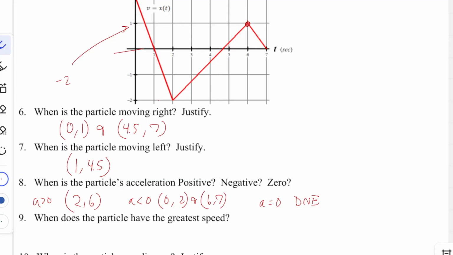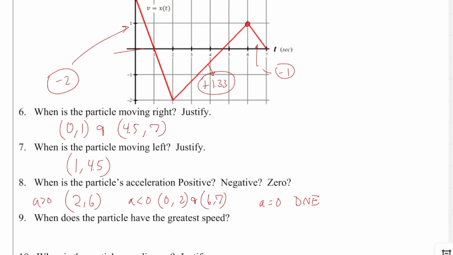And this one is 4/3, so 1.333, but it's positive. And then this one, it's negative 1/1. So -1. So this is the biggest velocity, but this is the biggest speed. So from 0 to 2, the speed is positive 2, whatever units, inches per second or whatever.